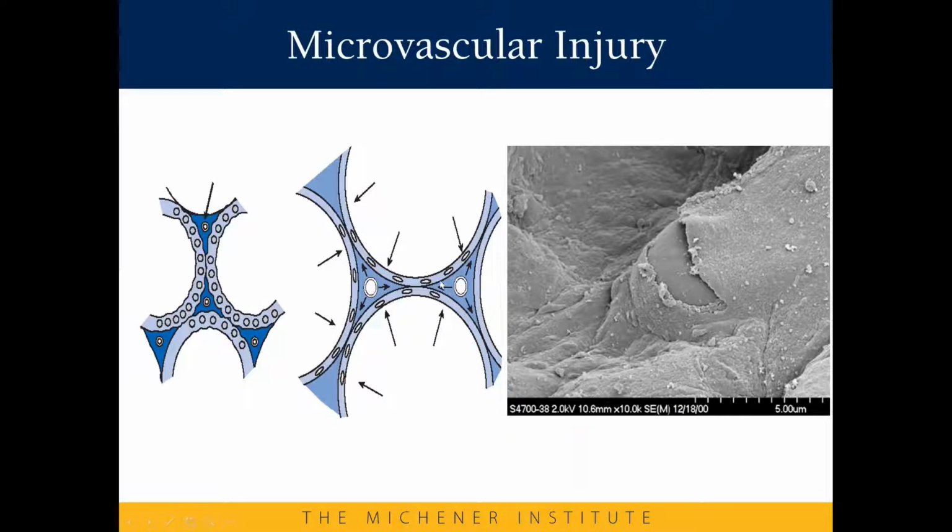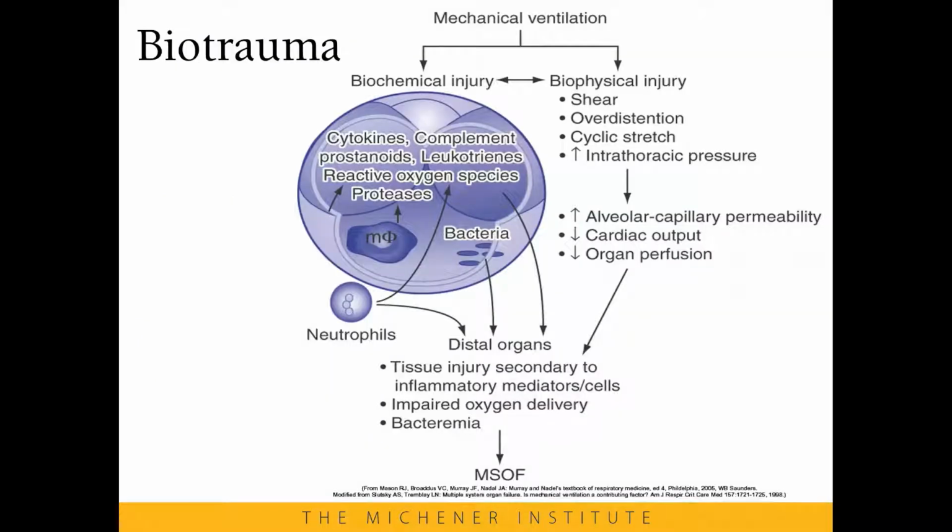And so if extreme negative pressures are occurring, it can cause these vessels to rupture, which we can see the rupture on the right-hand slide here. And it's going to cause spillage of fluid and inflammatory mediators into our interstitial spaces. And so as a result, it can lead to biotrauma.